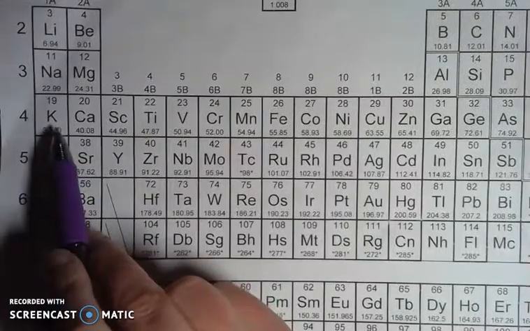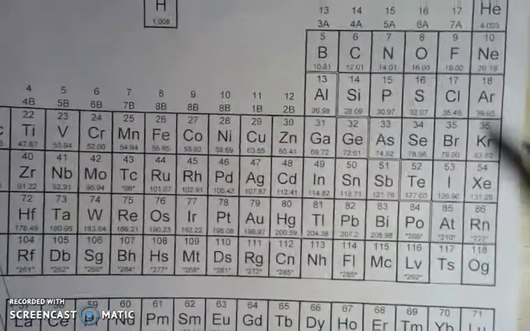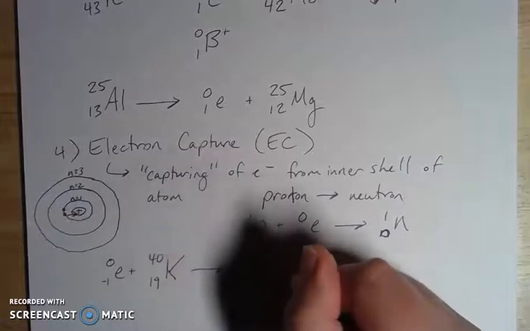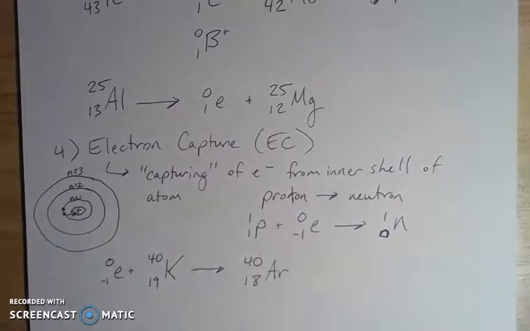So I started with potassium, and now I'm down at argon, which is one of my noble gases. As you would imagine, that is a pretty stable configuration, because while noble gases have the potential to be radioactive and unstable like everything else, they tend to be more on the inert side.